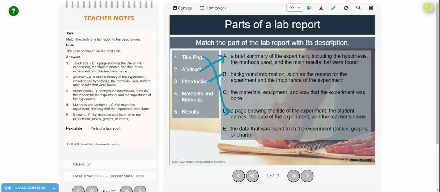Introduction is B, the background information, such as the reason for the experiment and the importance of the experiment. Materials and methods would be C, the materials, equipment, and way that the experiment was done. And results, E, the data that was found from the experiment: tables, graphs, or charts.